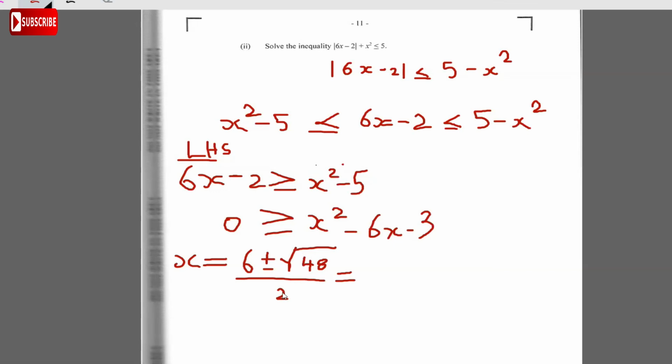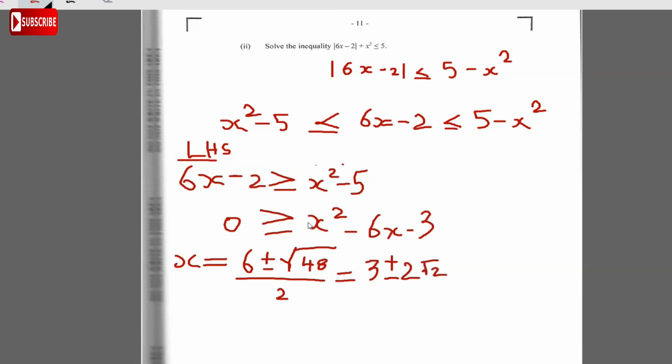And then 4 over 2 is 2. So it's 3 plus or minus 2 root 2.